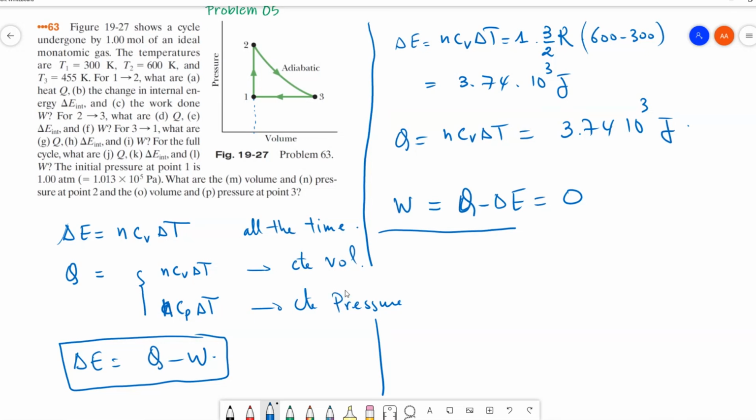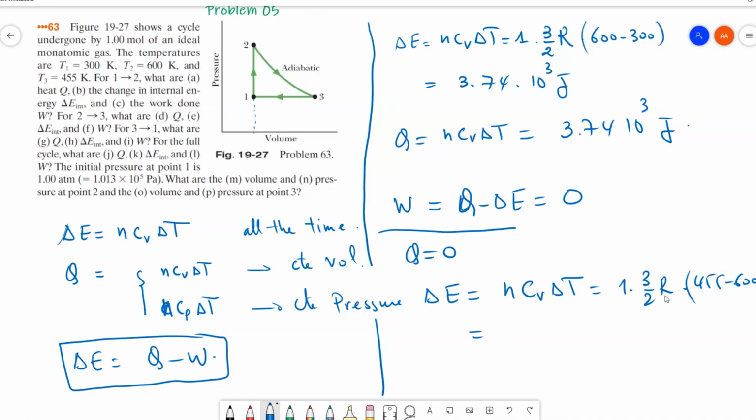From 2 to 3, the process is adiabatic. An adiabatic process is known for Q equal to 0. So this is the most important information. For an isochore, it's W equal to 0, and for an adiabatic, I can start with Q equal to 0. Then, if I want delta E, it's n Cv delta T, which is 1 times 3 over 2 R, and delta T is given: 455 minus 600.